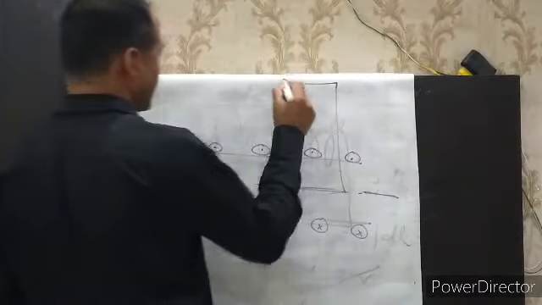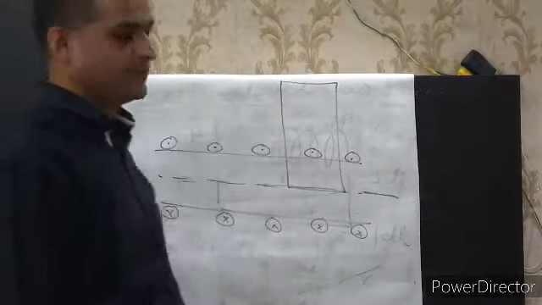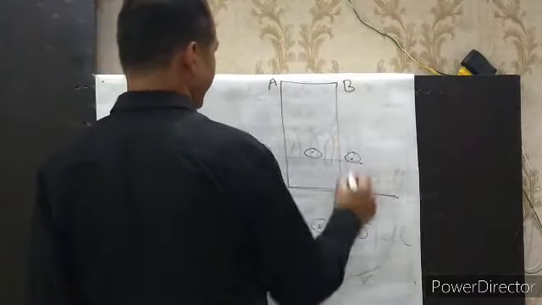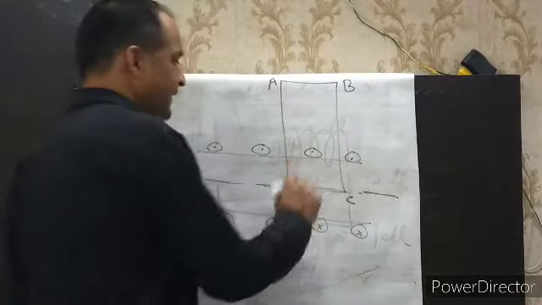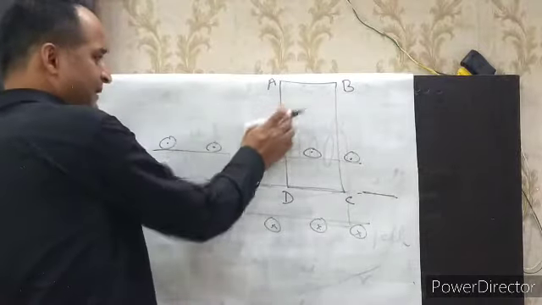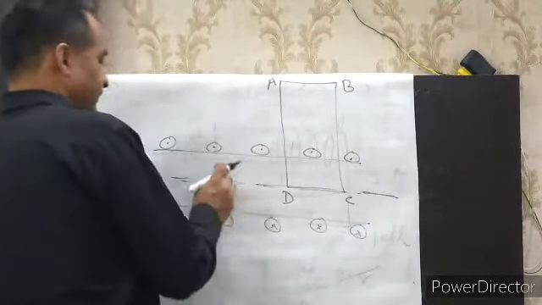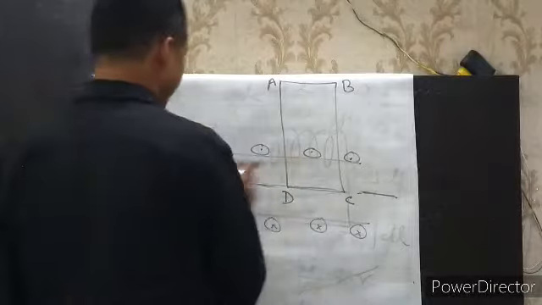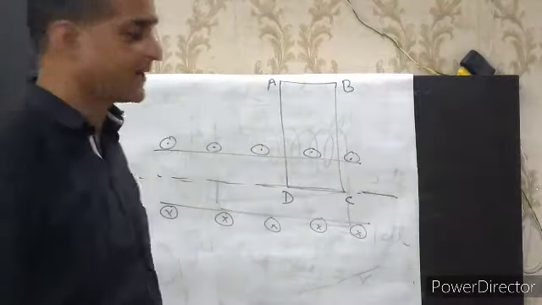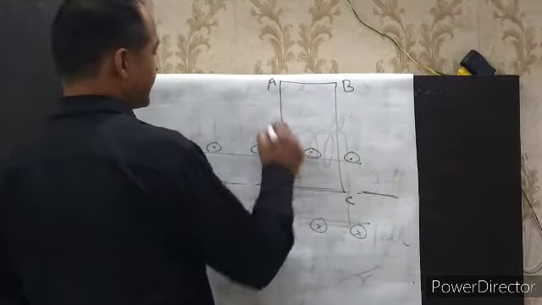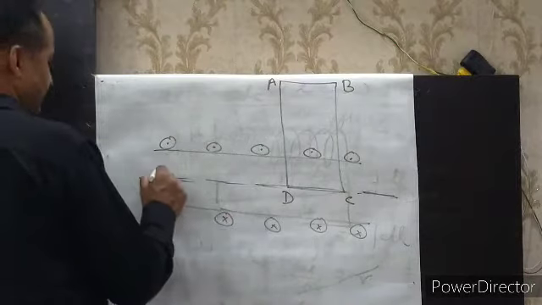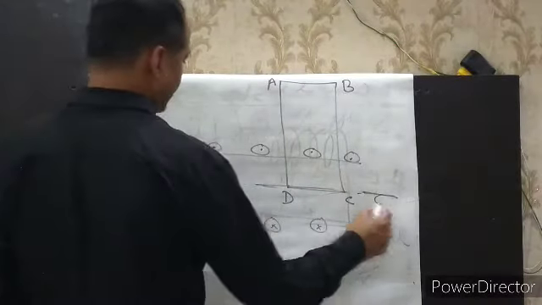This rectangular closed loop is A, B, C, D. It is an imaginary loop, and we can take it anywhere.